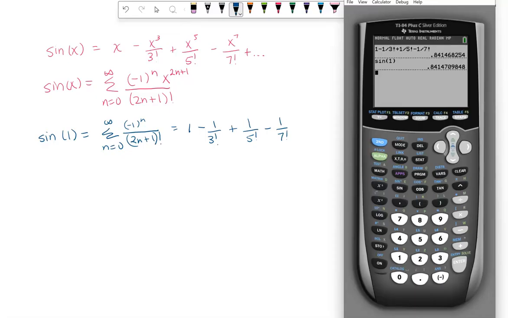So let's try this with more terms, and let's try this one in our calculator. So if we go under math, and we go to summation, we're going to start at 0. And let's try like the first 11 terms. So if I go from 0 to 10, that's really going to be 11 terms.